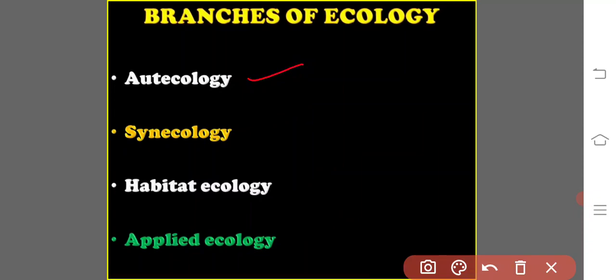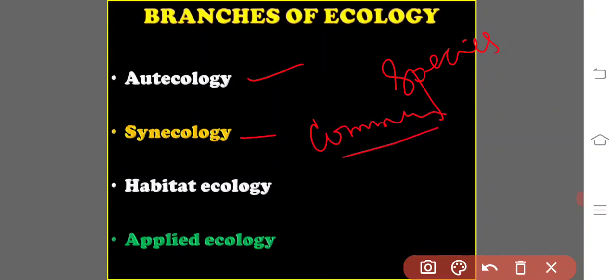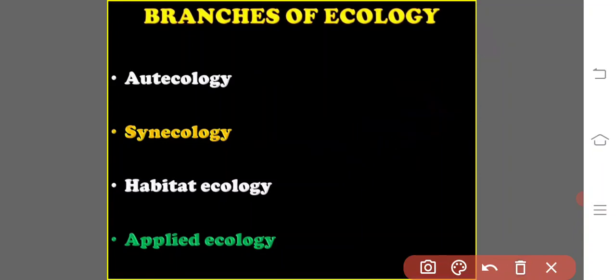That is, it is also known as species ecology, individual species ecology. Whereas synecology is the study of communities in relation to environment, community ecology.